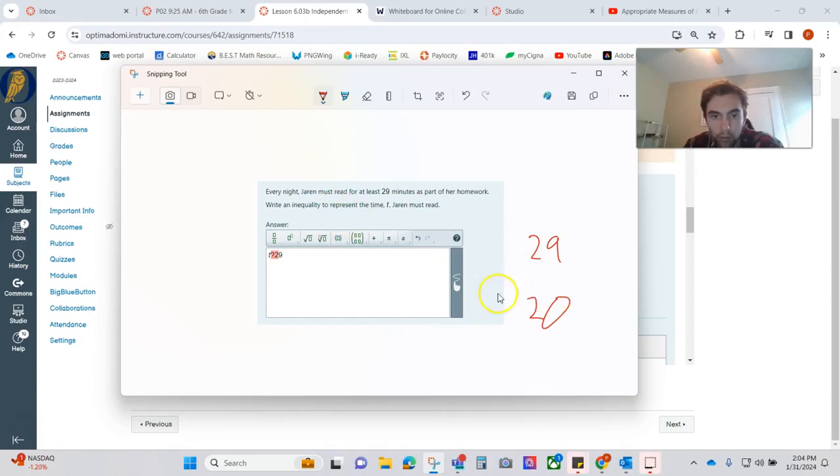No, right? Because 20 is not at least 29. If they read under 29, they didn't do the homework. But if they read like 40 minutes, would Jaren have done the homework? Yep, because 40 is more than 29. So 29, I think, is the bottom of the story.